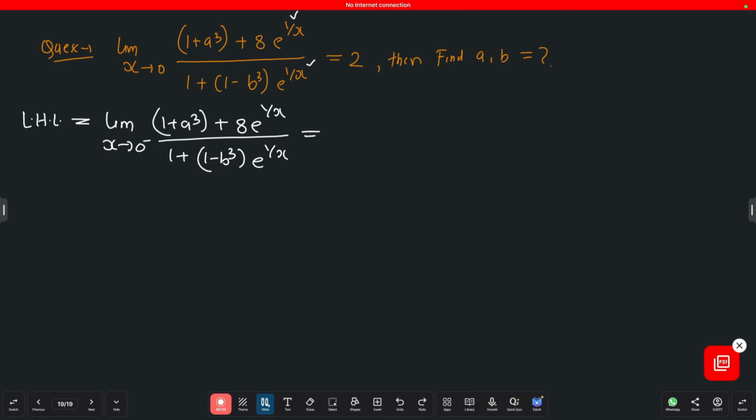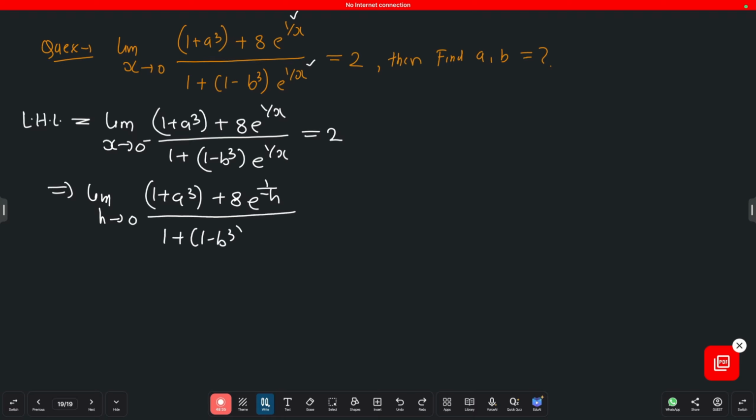If we replace x by 0 minus h, then the limit will be: limit h tending to 0, 1 plus a power 3 plus 8 e power 1 by minus h upon 1 plus 1 minus b cube e power 1 by minus h.